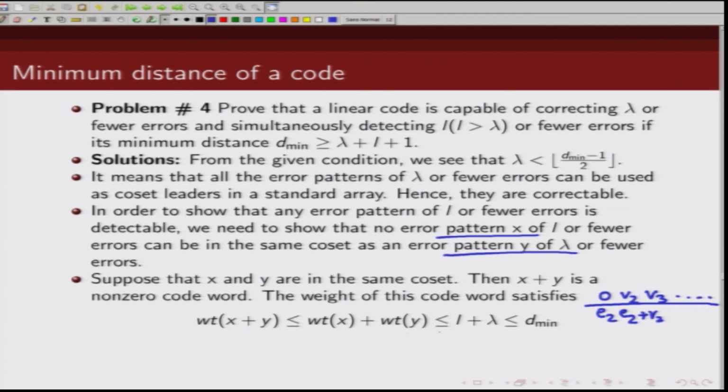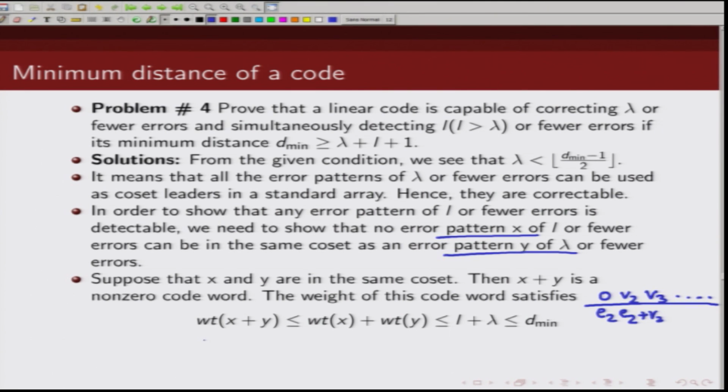So, the weight of x plus y is then less than or equal to lambda plus L. And what is the minimum distance? The minimum distance of the code is at least lambda plus L plus 1. So, the weight of x plus y is then less than d min. So, what we have shown is that x plus y, which should be a code word if they are in the same coset, has weight less than d min. If x and y are in the same coset, x plus y is a valid non-zero code word.